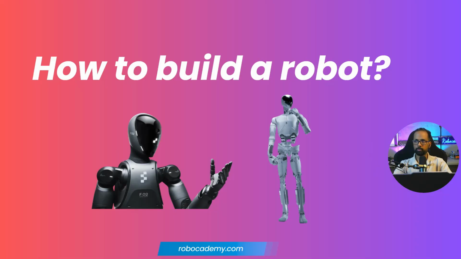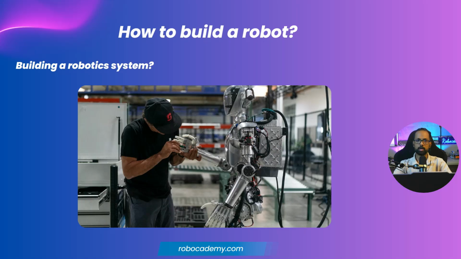So how to build a robot and how to build a robotic system? A robot is not only sensors, computers, or actuators. It has many components: electrical components, mechanical components. So it's a mix of many things, right?